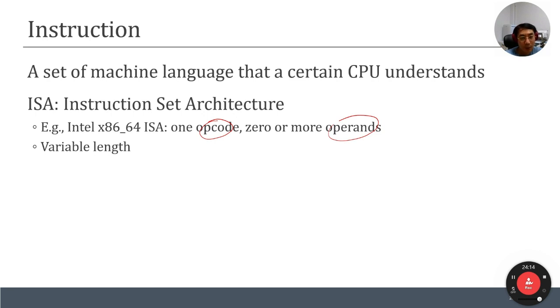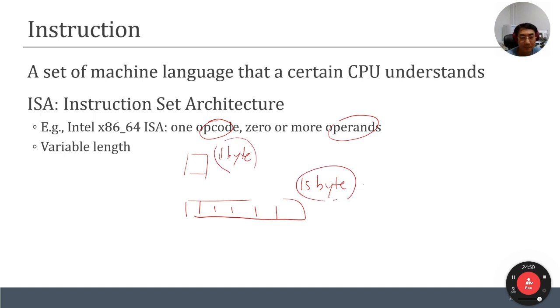It has a single opcode and 0 or more operands, so operands are optional. The size of an instruction is variable, and we say Intel ISA is variable length, meaning that there is a 1 byte instruction and up to, if I remember correctly, 15 byte instructions as well. So the length of each instruction is not fixed.